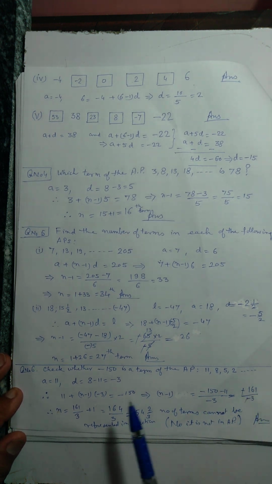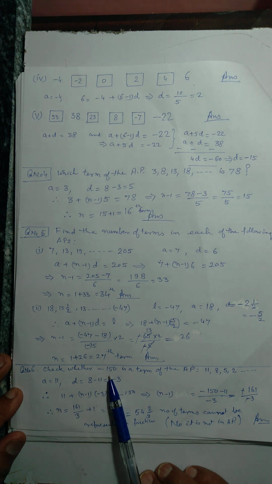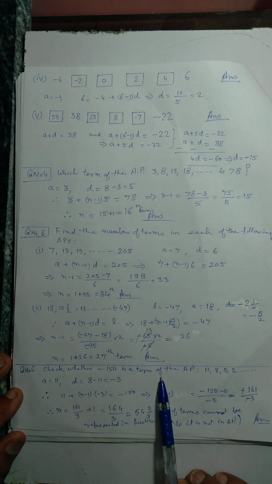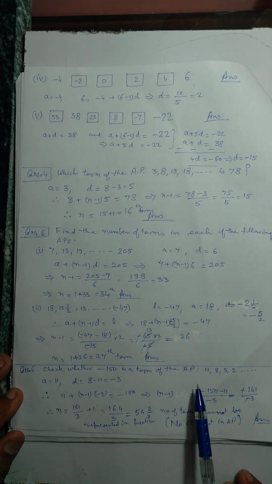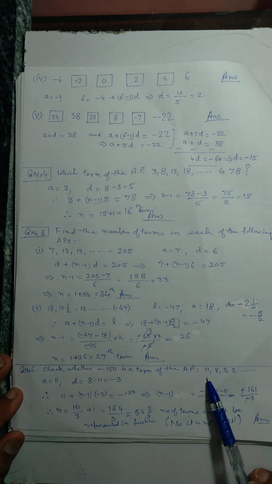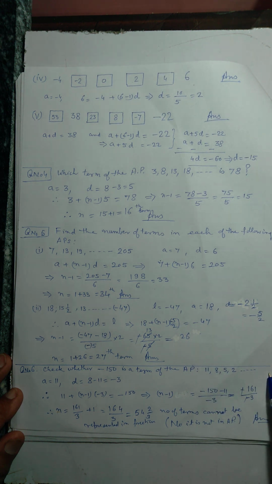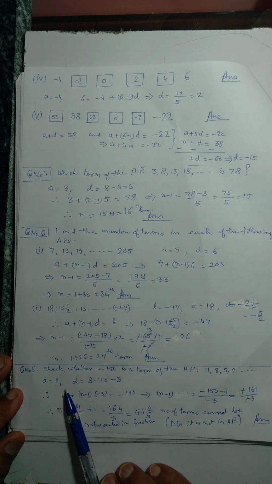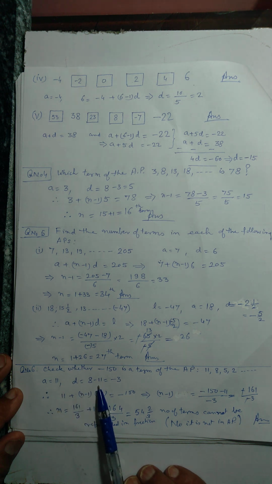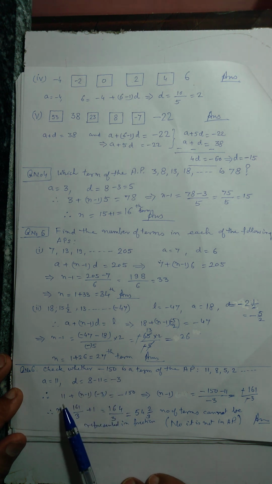Question number 6: check whether minus 150 is a term of the AP. Let the AP that is given, arithmetic progression, be 11, 8, 5, 2 and so on. Here the first term is 11, D is 8 minus 11, that is minus 3.